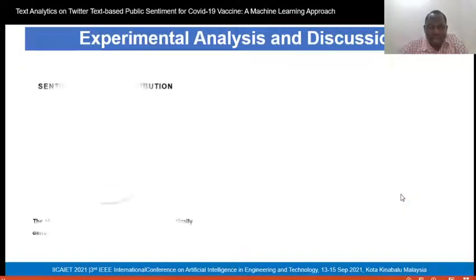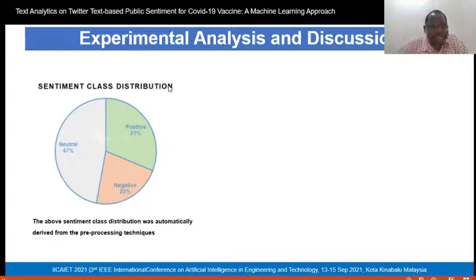So this is the analysis and the discussion. This chart clearly shows the sentiment analysis class distribution, that is positive, neutral, and negative. The distribution was made based on automatic detection while pre-processing the data.